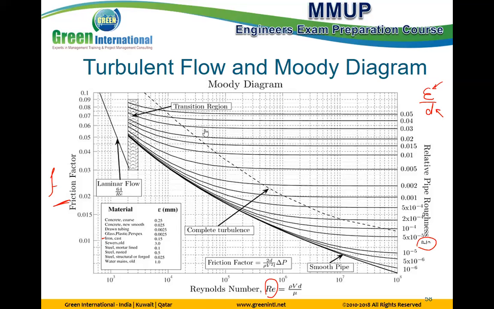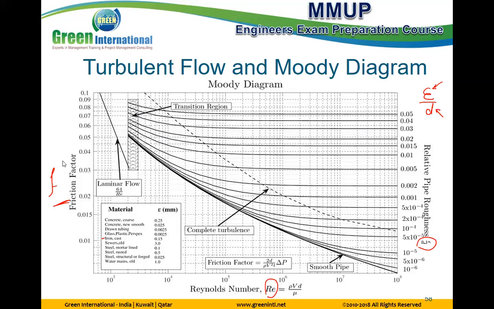You see these lines slightly curved from below, and here almost a straight line. This line starts from here and goes straight like this. Actually, these lines represent relative roughness.